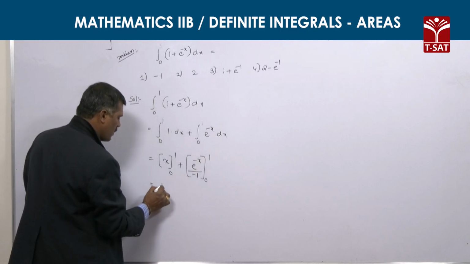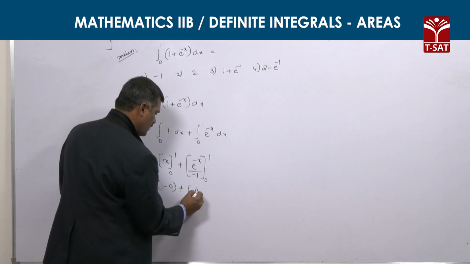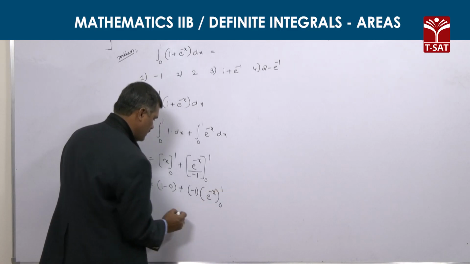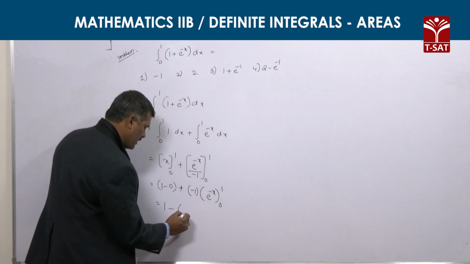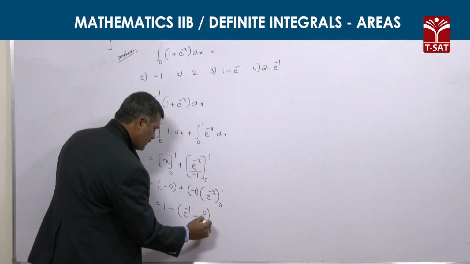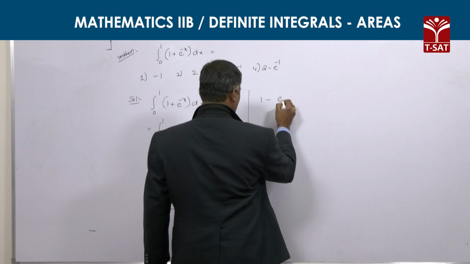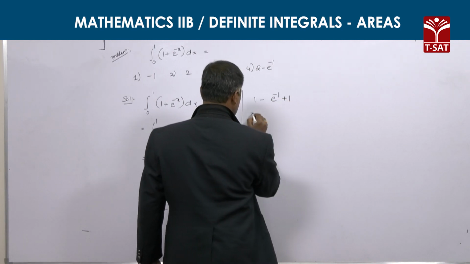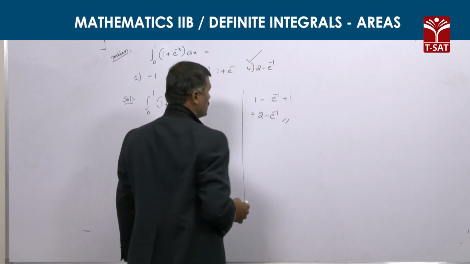Upper limit minus lower limit: 1 minus 0, plus minus 1 into e power minus x from 0 to 1, that is equal to 1 plus of minus, minus upper limit e power minus 1 minus e power 0. So 1 minus e power minus 1 minus of minus plus 1, that is equal to 2 minus e power minus 1, fourth option.